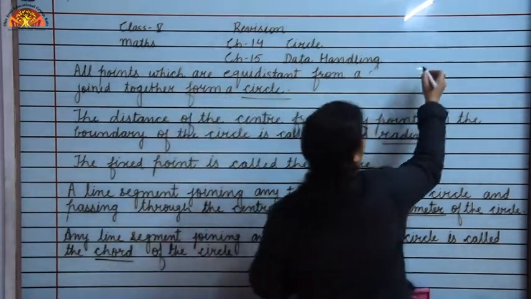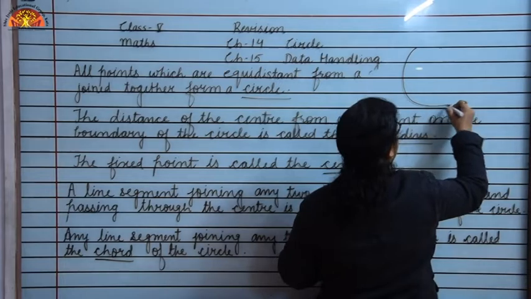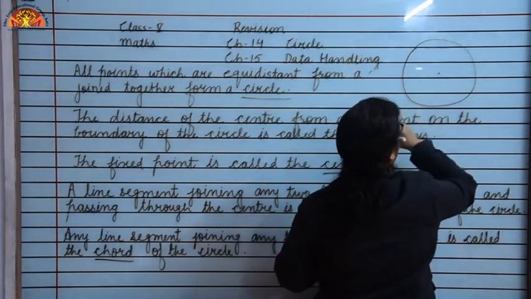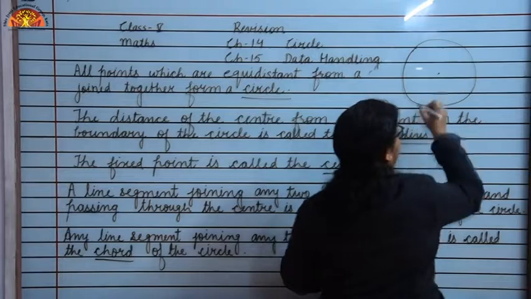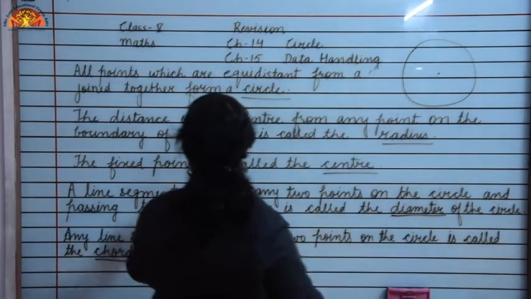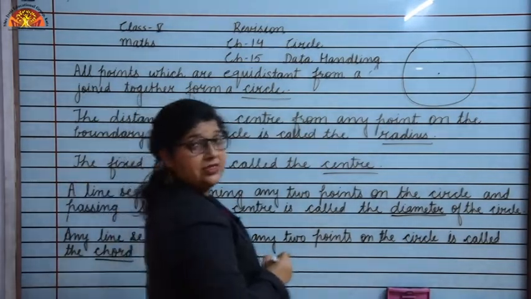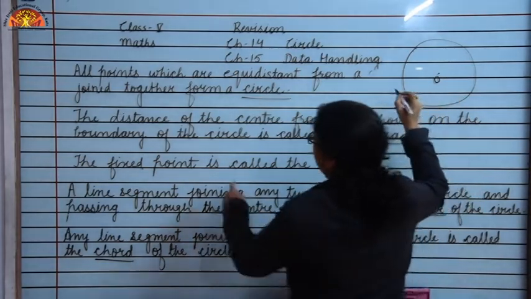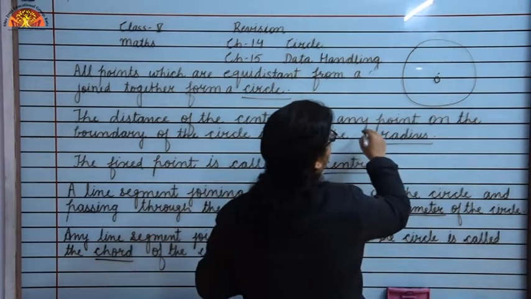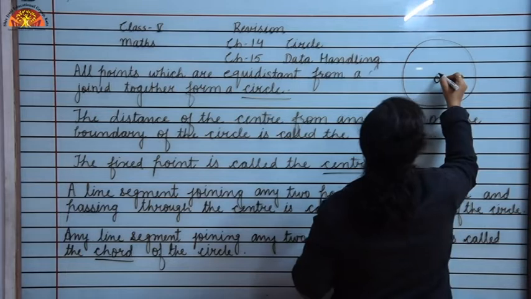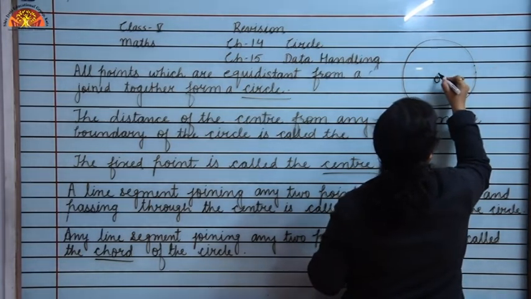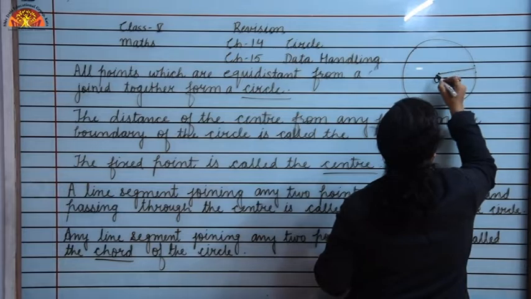This is the circle and this is the center of the circle. This is the fixed point. The fixed point is called the center, and we mark O here, and the distance of the center from any point on the circle, this distance is called radius.